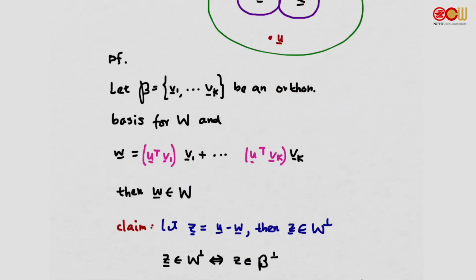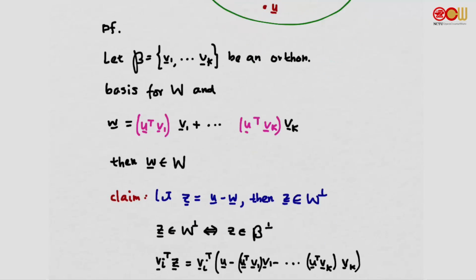So let us see if z is indeed in W perp. z is in W perp if and only if z is in B perp, because this is a basis. To show this, we form the dot product of z and the vectors in B, vi transpose z, and see if it is equal to 0.